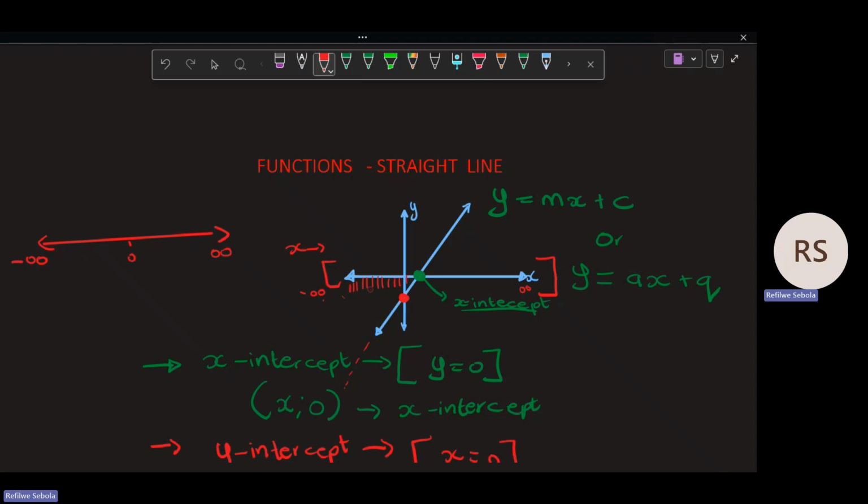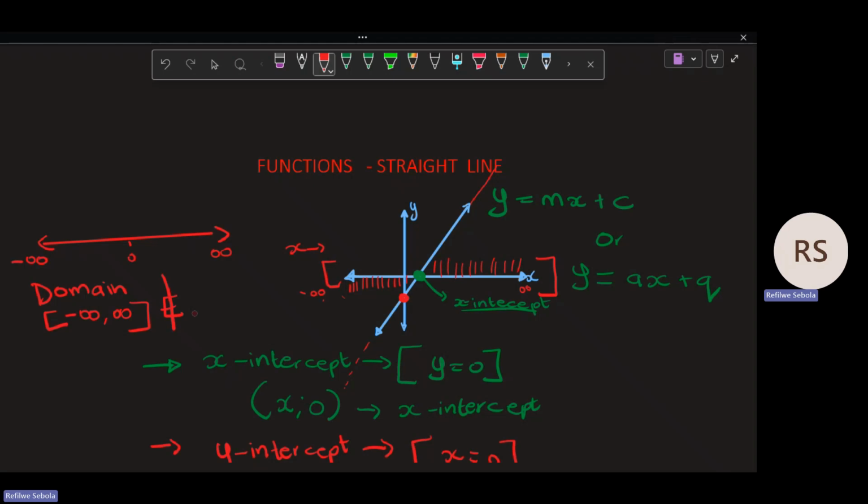Even if we extend our graph, the positive values will be included in our domain. So for the domain, we can say that it is negative infinity included to positive infinity included. That is how we can write the domain for our straight line.